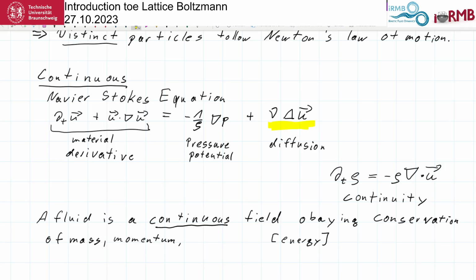It would be dissipated by this term, and this term would have to be coupled to an energy equation as a source term, which increases the temperature when there is friction. So diffusion generates friction, and the friction would generate heat, and then the entire thing would be conserved.